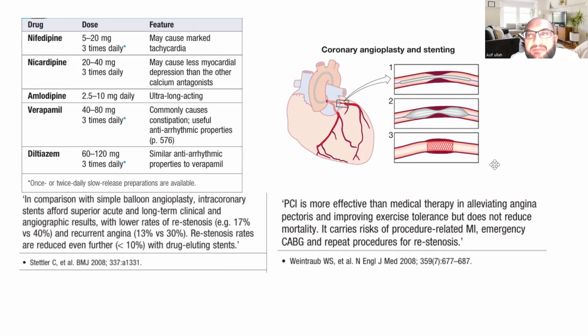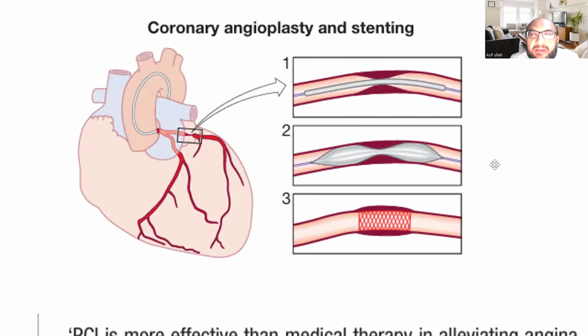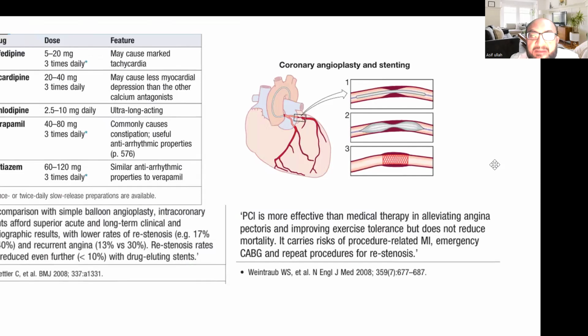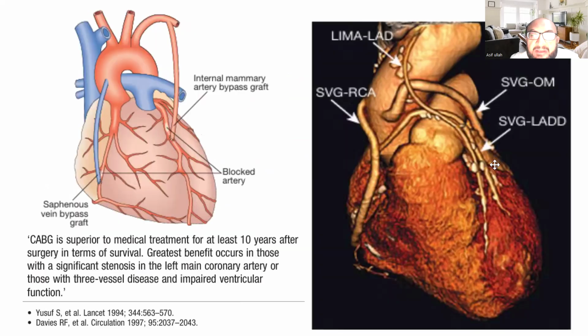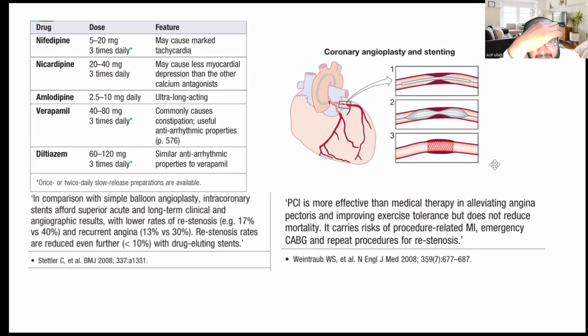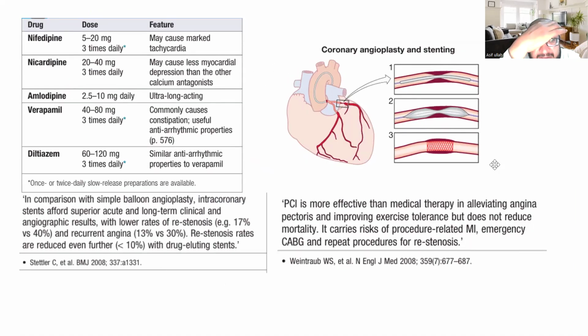In comparison with simple balloon angioplasty, which is this second diagram, 1 and 2, is a simple balloon angioplasty. In the third, stenting will reduce restenosis, 17 versus 40% in the upper one, and recurrent angina, 13 versus 30%.